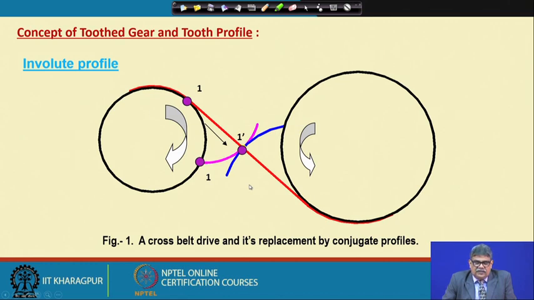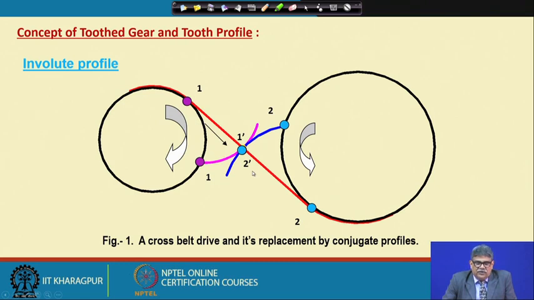Similarly, if we consider the point 2 in the other drum, and if we rotate in the opposite direction, then when the point 2 reaches this point, we will get a profile which is nothing but the locus of these points as it travels. So, this means that we are getting these two profiles on the drums due to this motion.